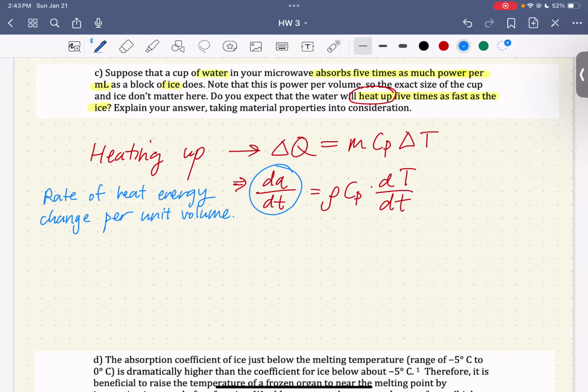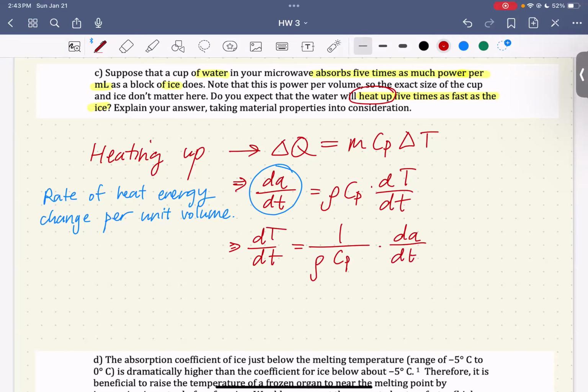It's per unit volume. So let's try to think about this. We actually know the rate of heat energy change per unit volume here. And when we rearrange this to dT over dt equals 1 over rho Cp times dq over dt.